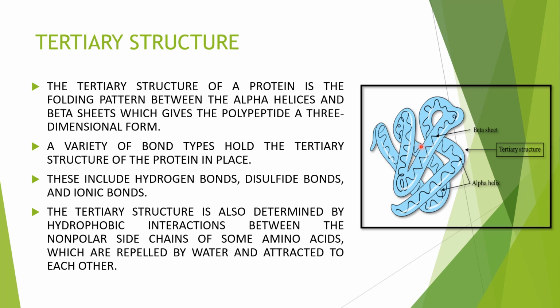Non-polar amino acids, you know, are water repelling. So they'll be oriented towards the inside of the protein. They repel the water, thereby they come towards each other, and they'll be present inside of the three-dimensional conformation. So you have all these interactions which contribute to the tertiary structure of proteins.